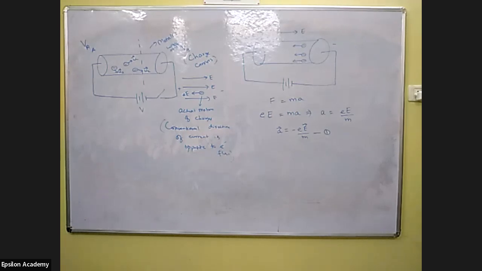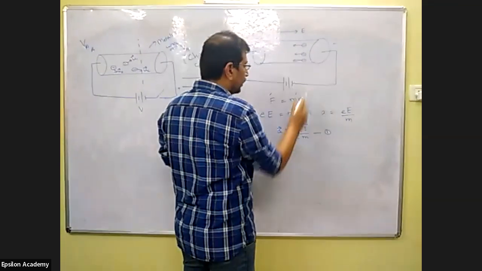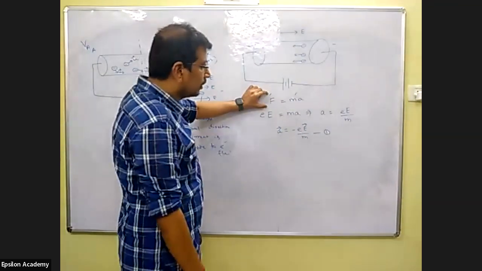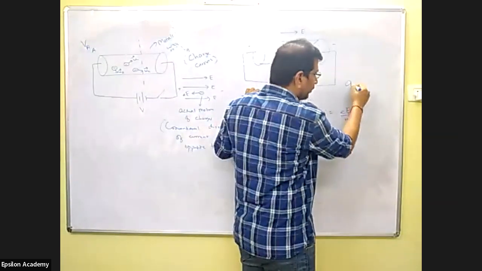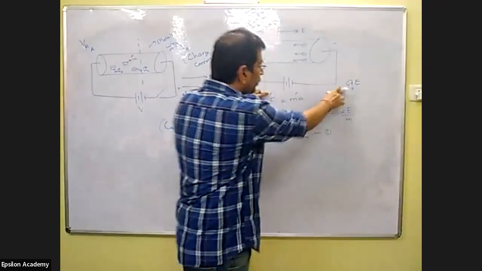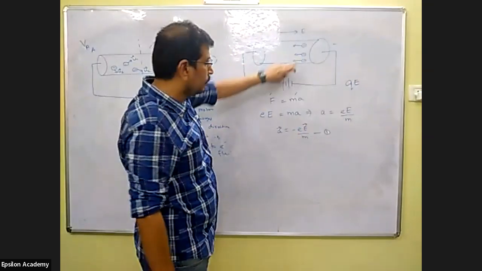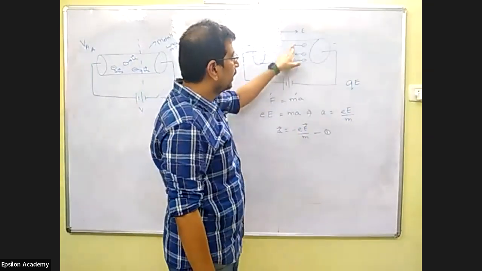After you have written force is equal to mass into acceleration, F is equal to ma. This is according to Newton's second law. But force according to electrostatics is qE. So in this case, q is the charge of an electron, so electron is taken here, and E is the electric field.